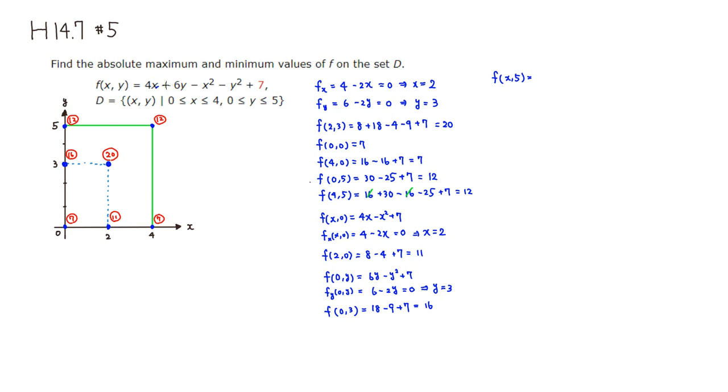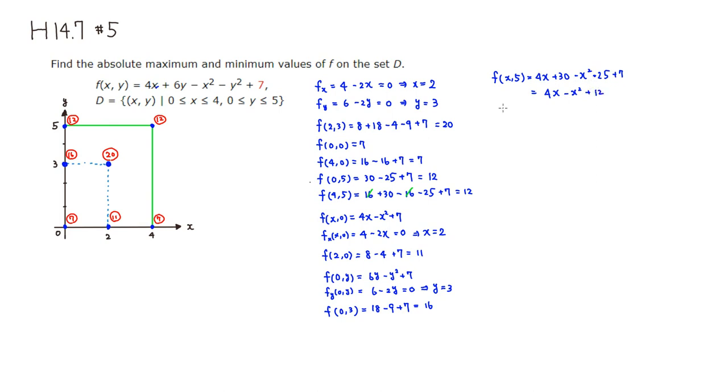Then you're going to get 4x, and since y is 5, plus 30, and then minus x squared, and then y is 5, so minus 25, and then plus 7. So this is going to be simplified as 4x minus x squared, and you have 5 plus 7, so it's going to be 12.